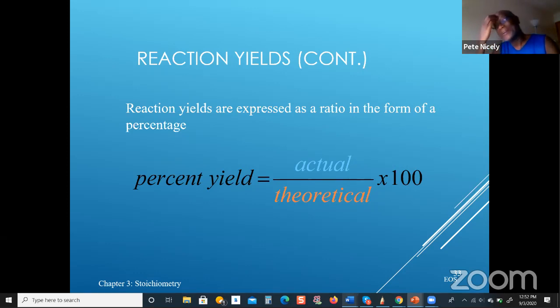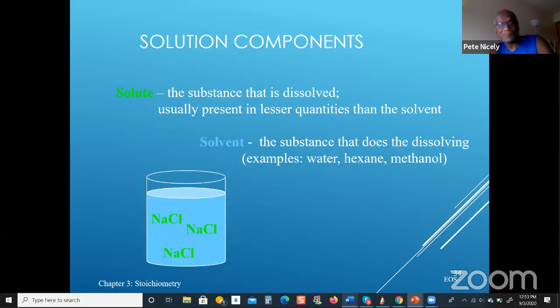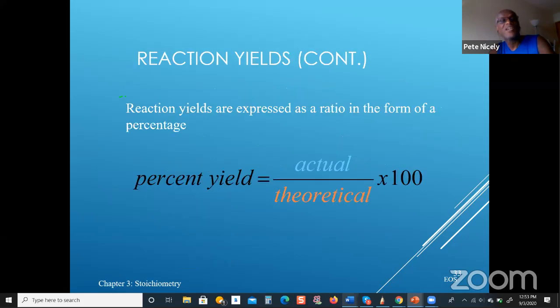It's more typical that you'll get percent yields, especially when it comes to organic reactions, probably in the 70 to 60 or even lower, all right? So just to give you some numbers, to give you some idea of what is actually occurring in practice when it comes to the percent yields of reactions. Okay, so that's pretty much what I'm going to say for yields.